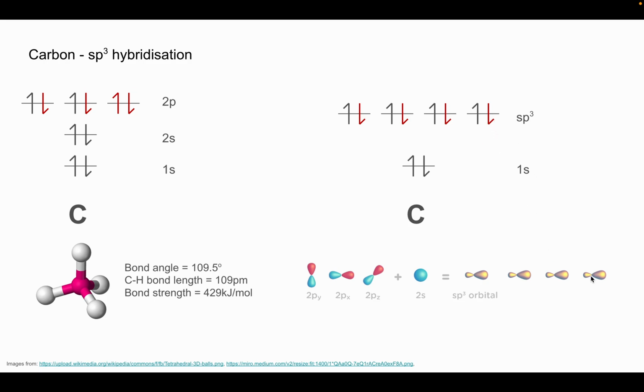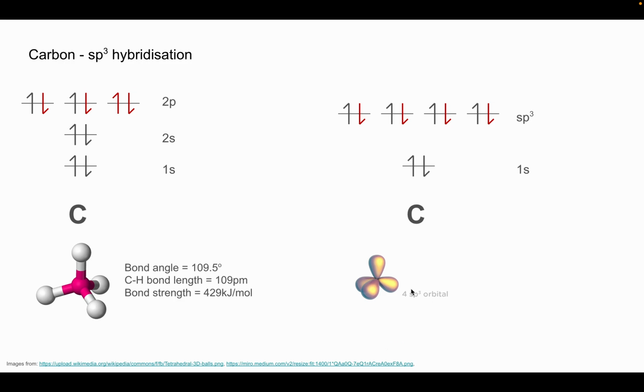How are they arranged? Well, because they contain electrons, and remember with carbon, they are singly occupied before the hydrogen, the red electrons, have joined. Because they're full of electrons, they need to be as far apart from each other as possible, which is why they look like this.